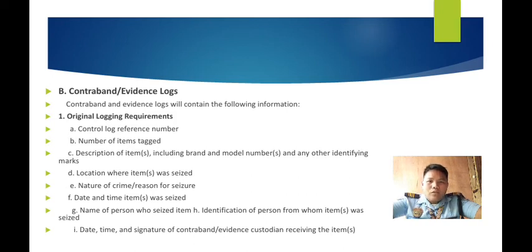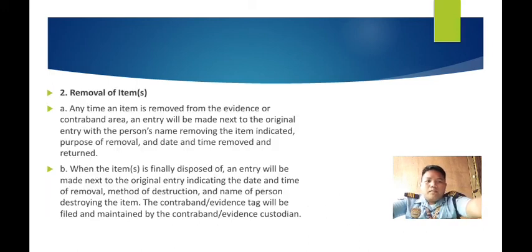It has contents about the control log reference number, number of items tagged, description of items including brand and model numbers and any other identifying marks, location where the item was seized, nature of crime, reason for seizure, date and time the item was seized, name of person who seized the item, identification of person from whom the item was seized, date, time, and signature of the contraband evidence custodian receiving the items.